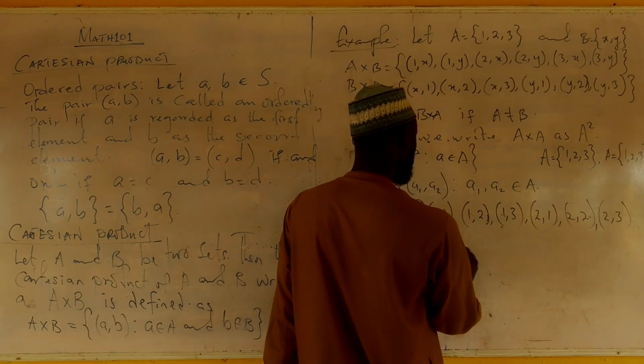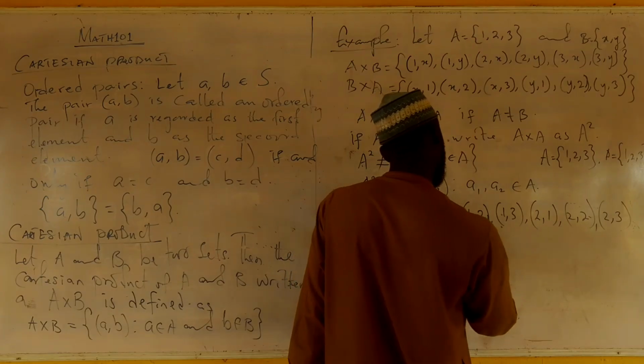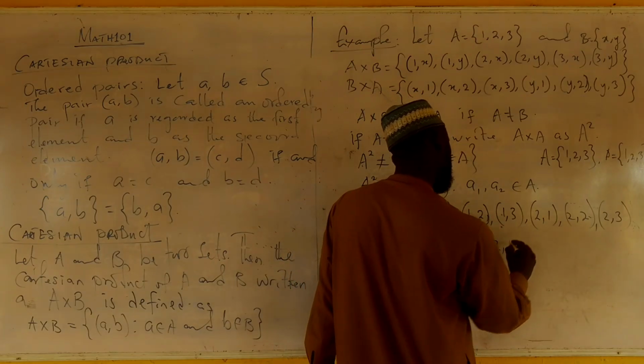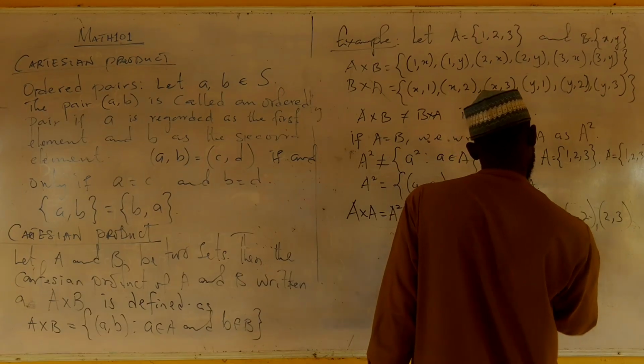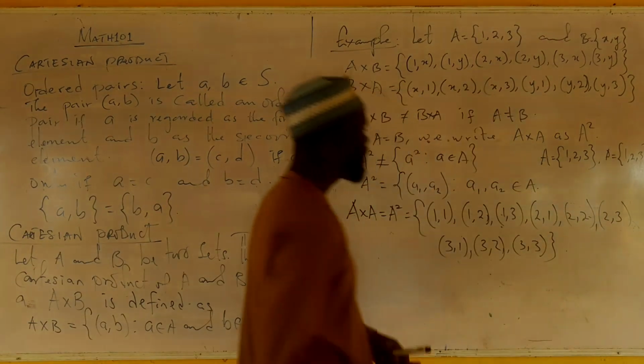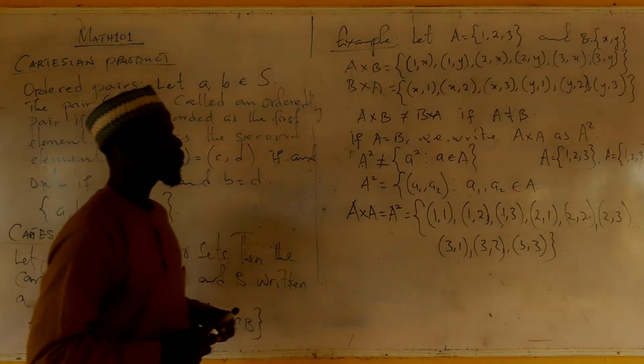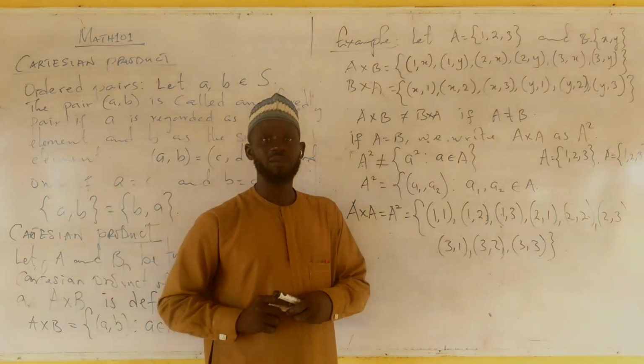Next, we have 3 with 1, 3 with 2, and then 3 with 3. This is the meaning of A squared here, or A cross A, the Cartesian product of A.